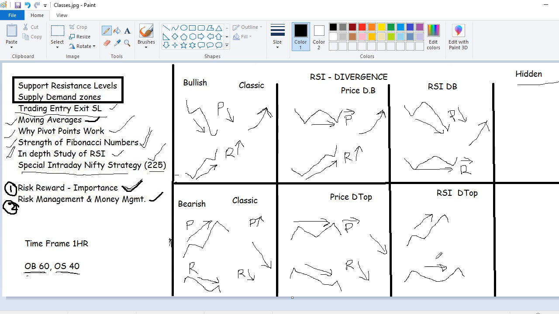RSI is flat, price is moving up. What does that mean? The price is moving, but according to that, demand is not coming. Demand is the same. So once this demand goes, the stock will fall badly.